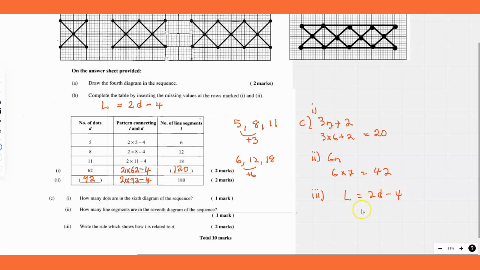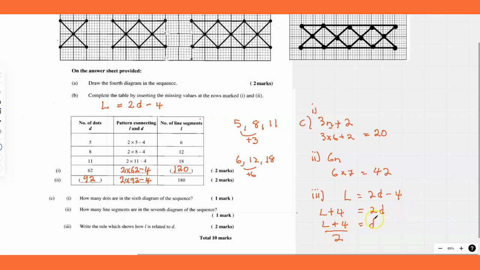If we want a formula connecting how D and L are related, then we just have to make D the subject of the formula. So we add 4 to both sides. It means that we would have L plus 4 equals 2D. And we divide both sides by 2. So D equals L plus 4 over 2.